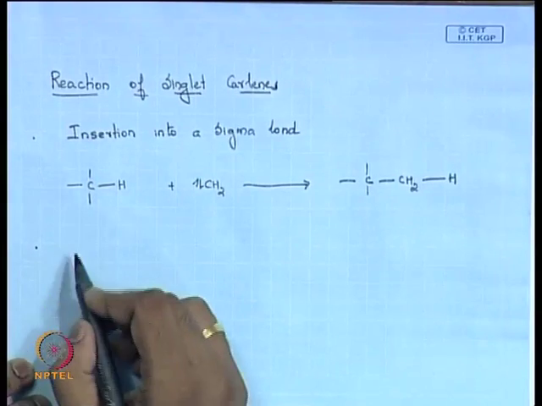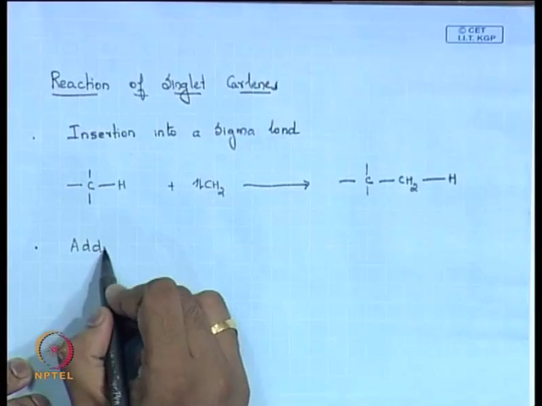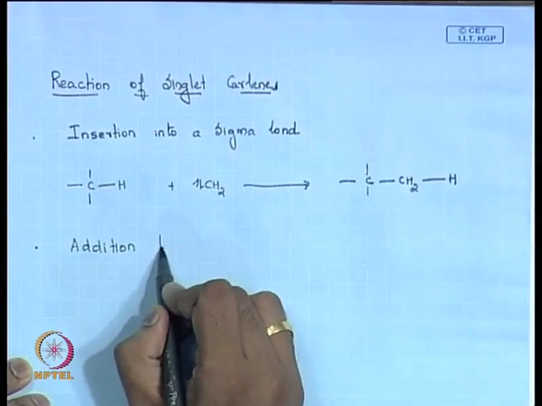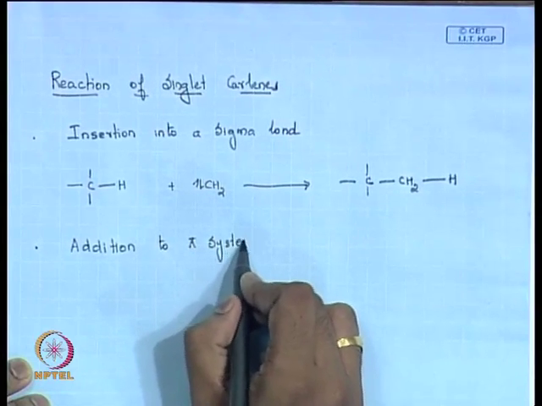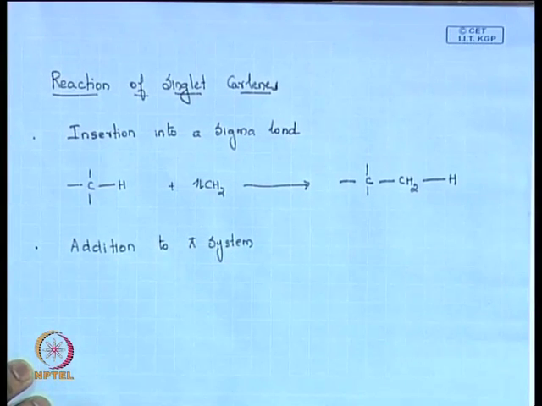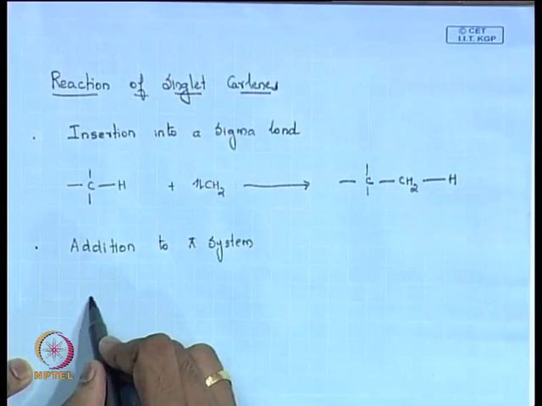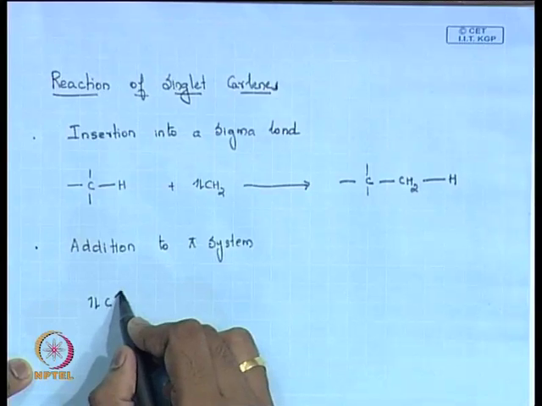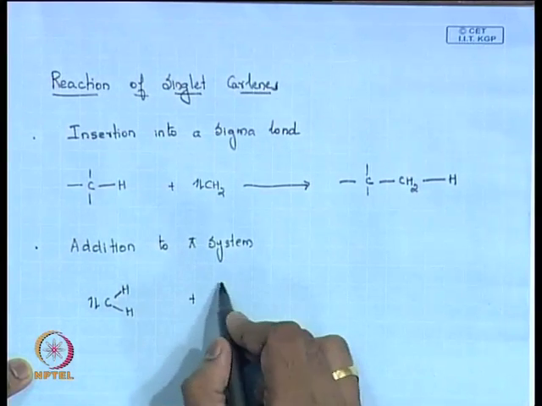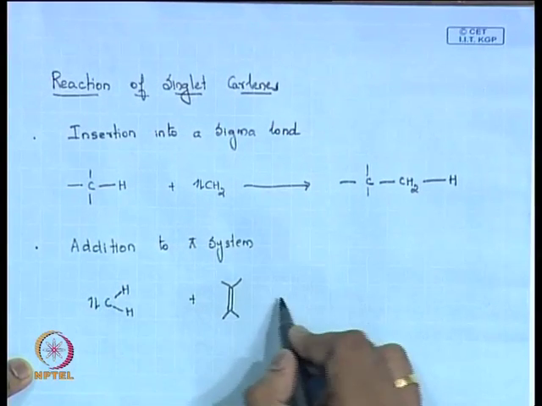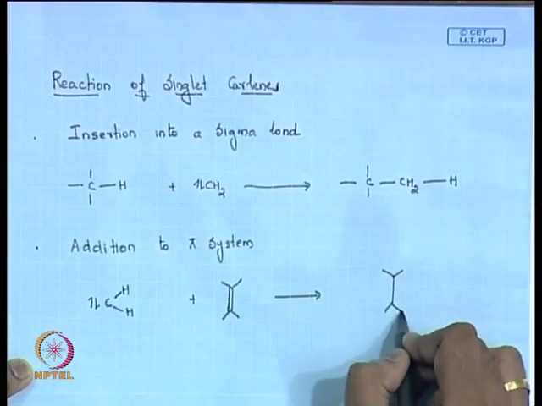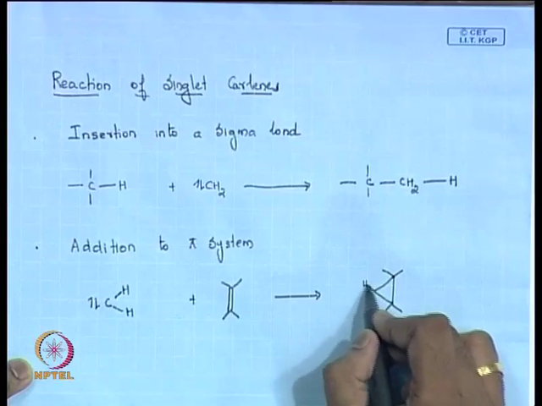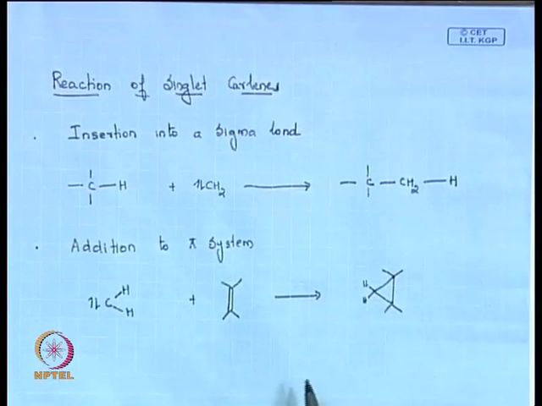The second reaction is addition to your pi system. A singlet carbene with an alkene.